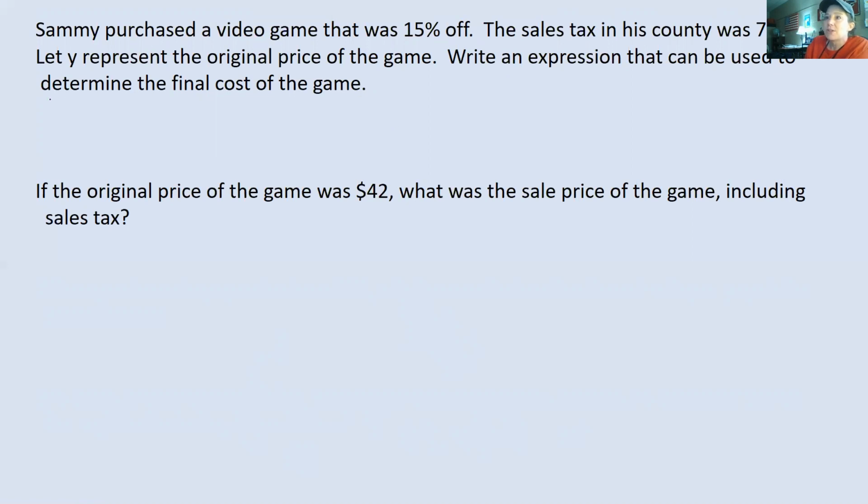So if we started with 100% of our price and we take away 15%, that means we pay 85% of the original cost. Well, if Y is the original cost, we're going to turn 85% into a decimal and multiply it by Y. And then whatever that answer is, we're going to multiply this whole number by 100 plus 7, which is 107%.